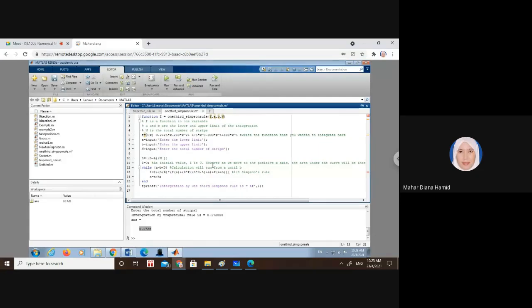If we try to run it, we just save it and run it. Oops, there's something. Okay, so minus. Let me see what I did wrong here. H over 6 F of A. Doctor, I think you need to add another bracket at the end. Yes, yes.